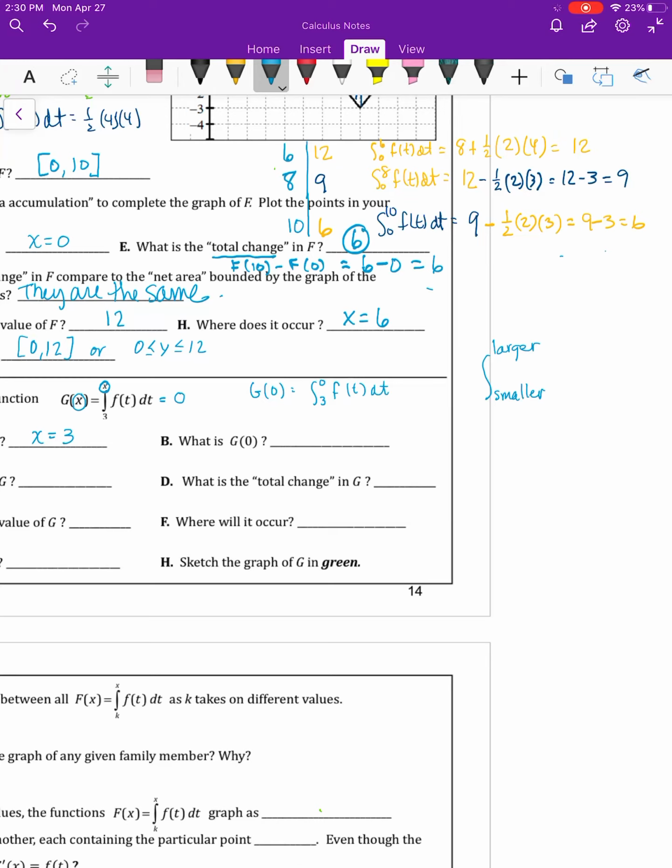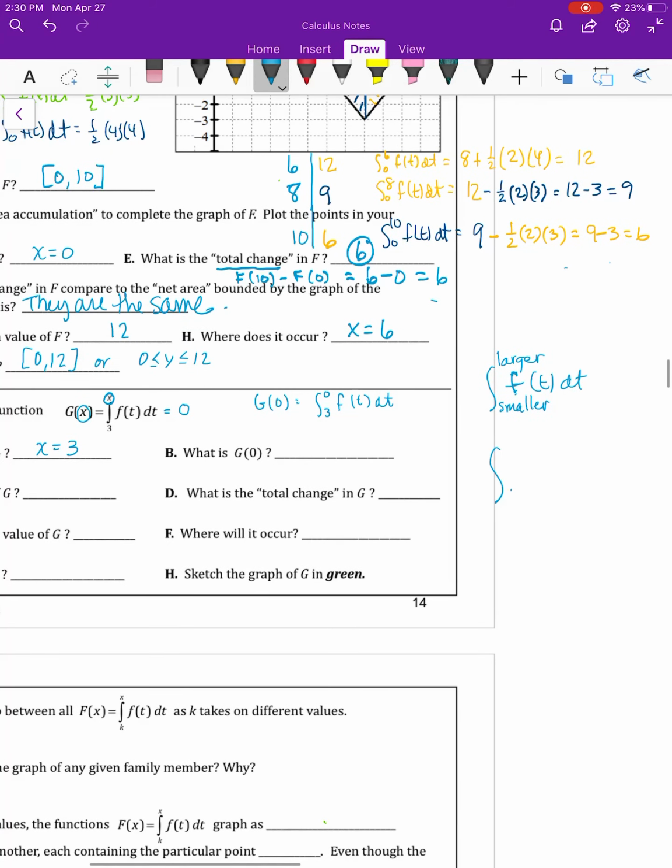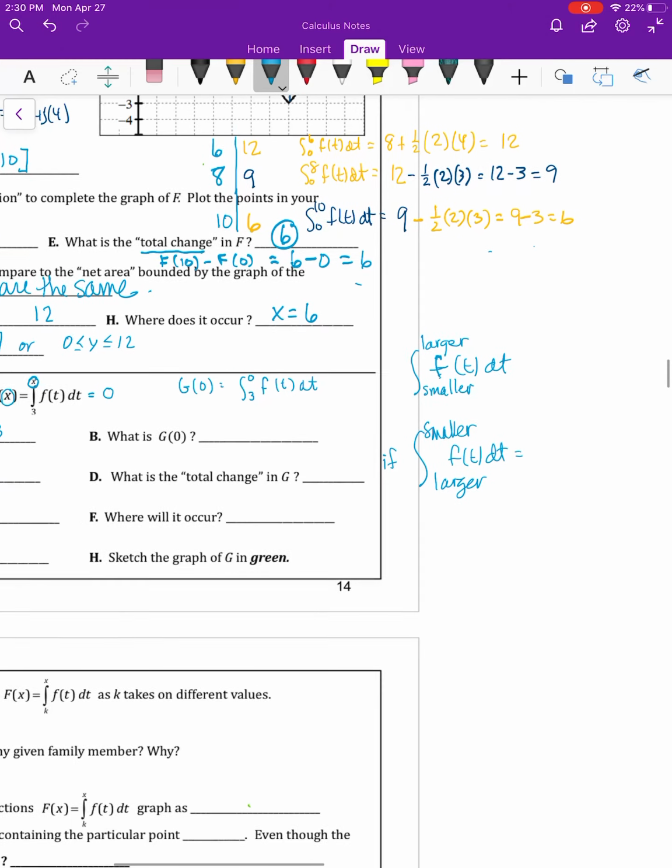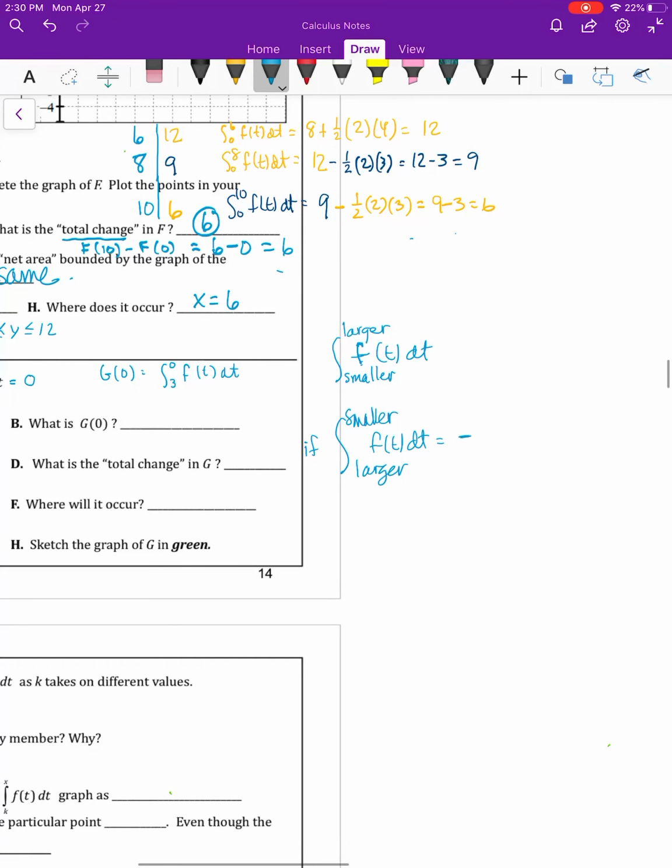If your smaller number is not on the bottom, so if it went larger to smaller, that was your integral, you have to set it equal to the negative of the integral from smaller to larger before you can do anything, okay?